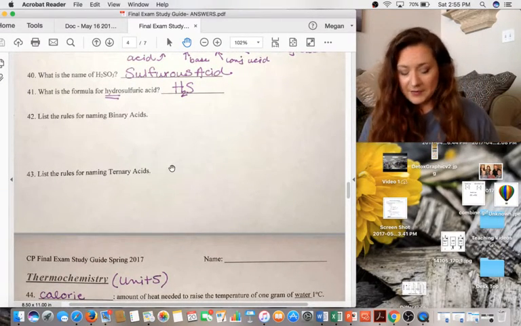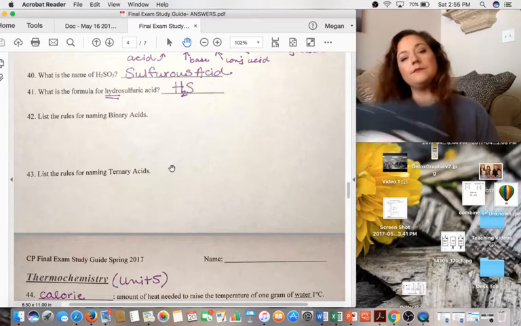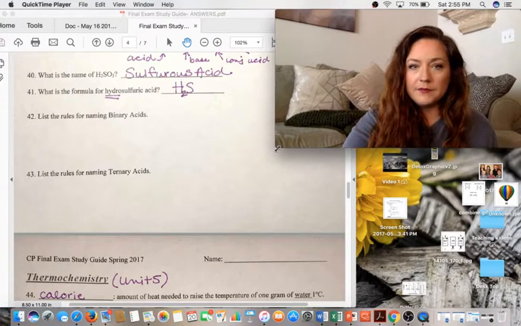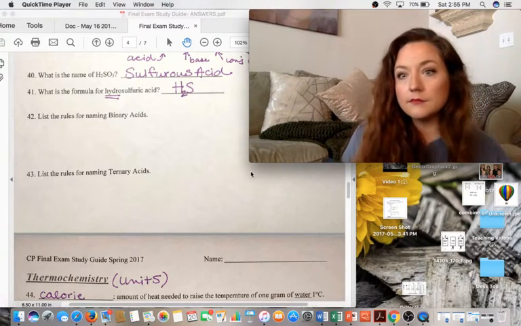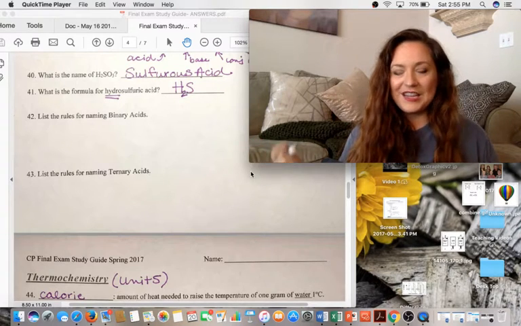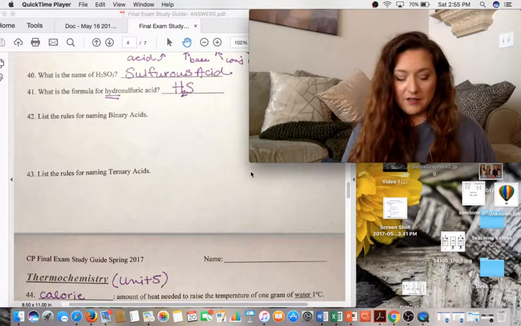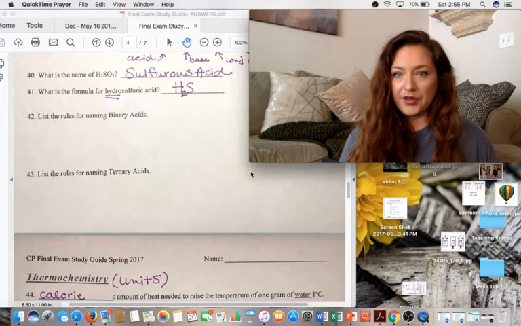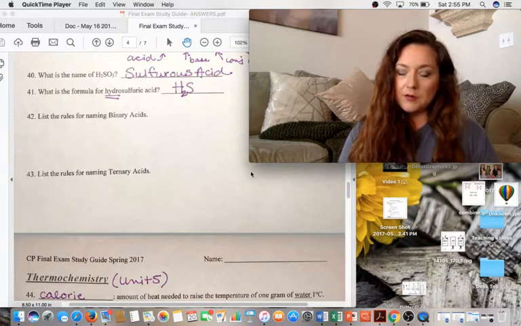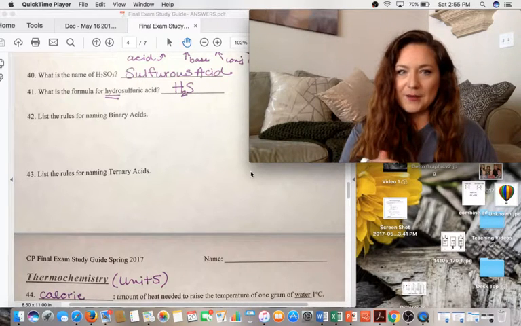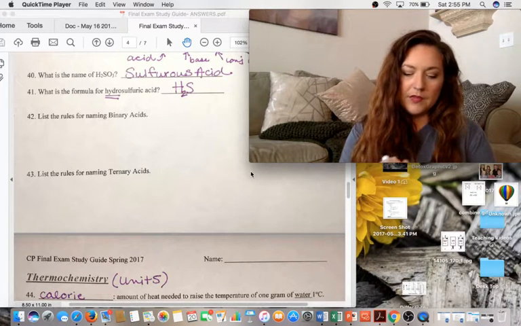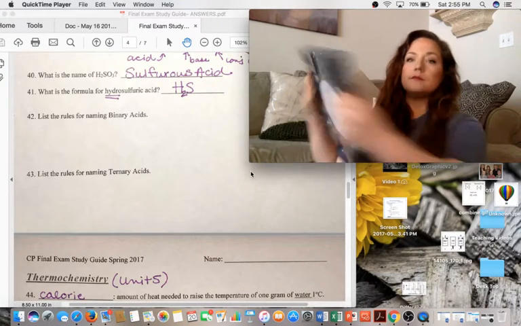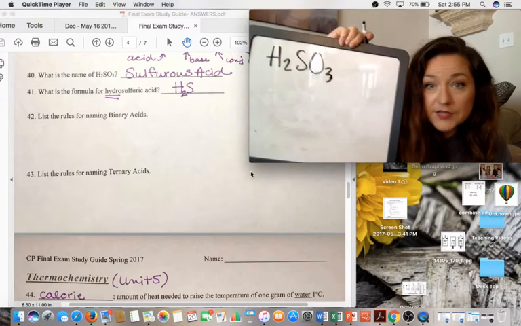Remember with naming, I have my clipboard. When you see more than two elements, like hydrogen, so we have H2SO3, remember that in my classes, you have to look at your polyatomics. So H2SO3 is what you have.